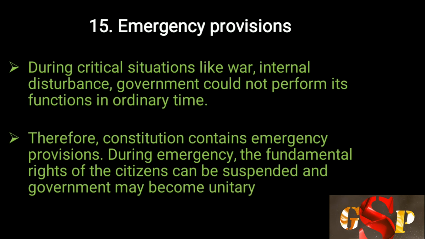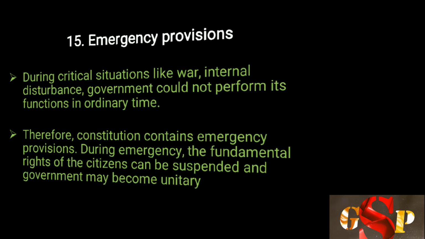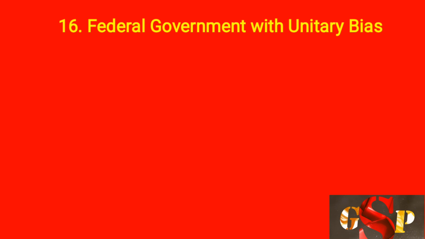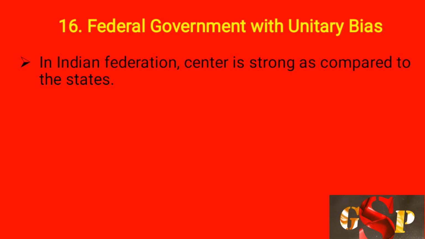Now next, that is federal government with a unitary bias. Now, as I told you earlier, it is very important to know that the central government is like a parent and the states are like children, and that's why in Indian federalism the center is strong as compared to the states.